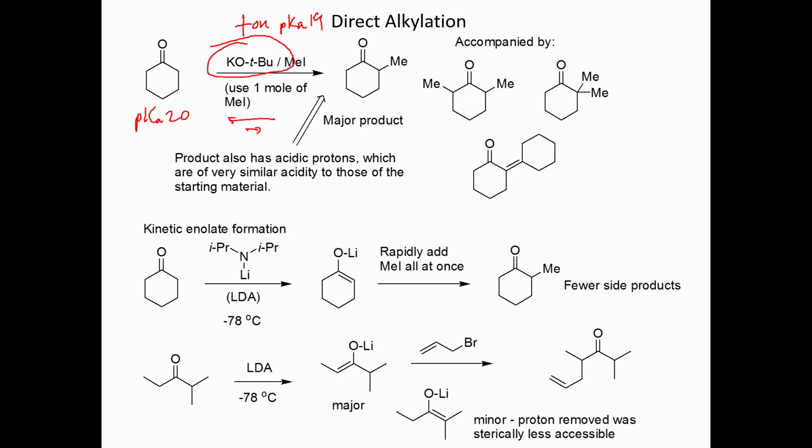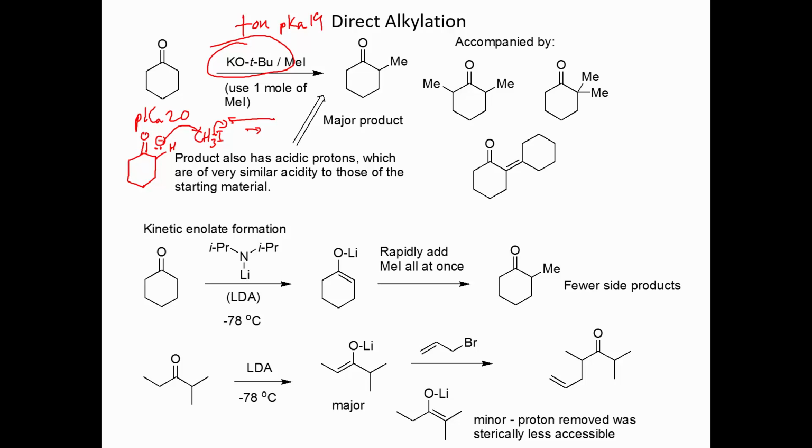But once we generate the enolate, I'll just draw them as carbanions here, it's going to be very reactive to an alkyl halide, like methyl iodide in this case. We're going to do a nice, good old-fashioned SN2 reaction, and that's going to put a methyl in the alpha position.